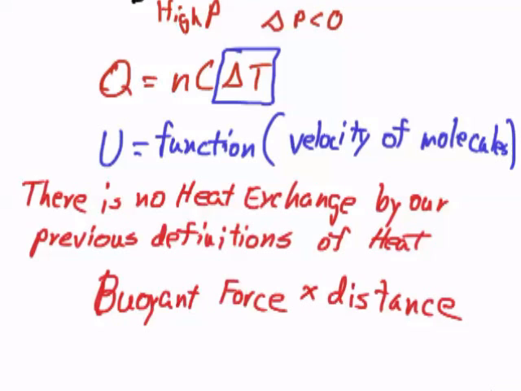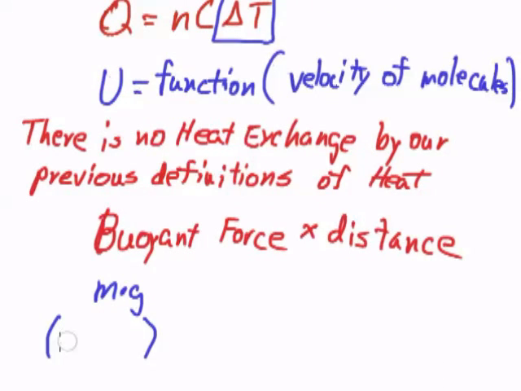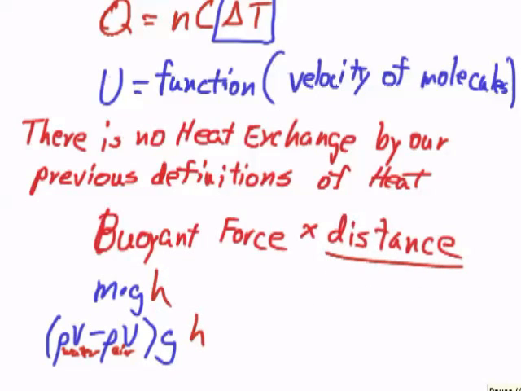It's basically the force of gravity, which is mass times gravity, except the mass is rho times the volume. Think of it as rho V minus rho V g, where rho is the density of the air and the density of the water. That would give you an idea of how much energy was available, because we'll multiply that by the height that it travels, and that gives us an idea of how much non-heat energy is available.